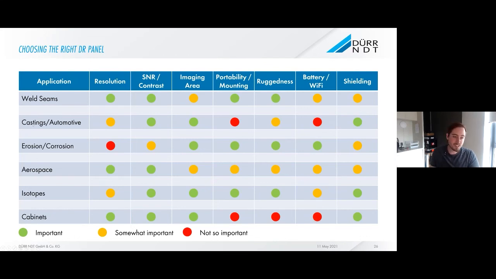And usually castings as well is done not in the field. So again, portability and Wi-Fi doesn't really matter. And like I mentioned before, profile radiography usually doesn't require super high resolution. So this slide shows you what you should be thinking about for each application, or what is important.